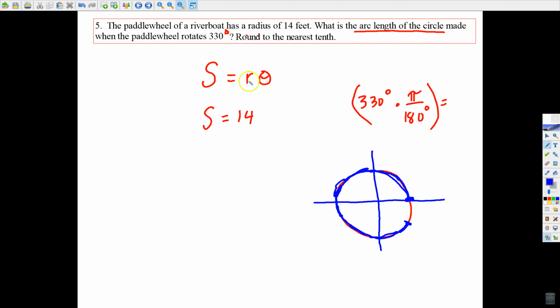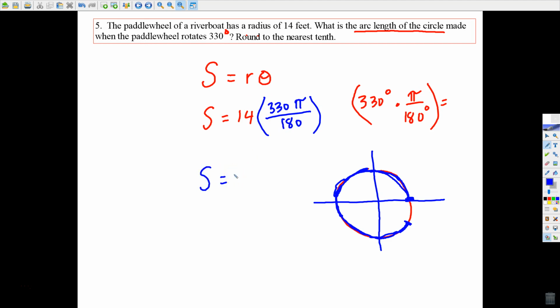Okay, and so we'll start with the radius, which is already in feet, and then you can just plug this into your calculator, 330 pi divided by 180. So it's like doing the conversion, and it's also just leading us to our answer, just letting the calculator do all the work.